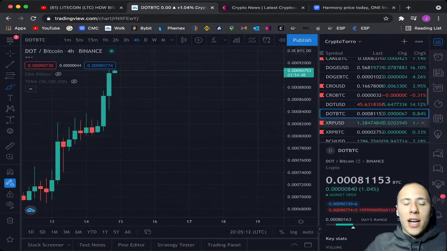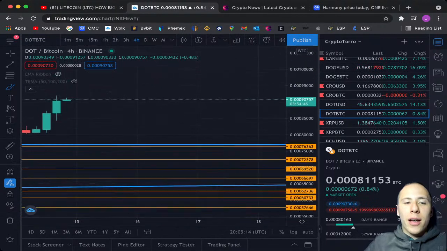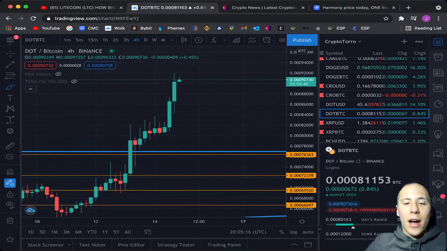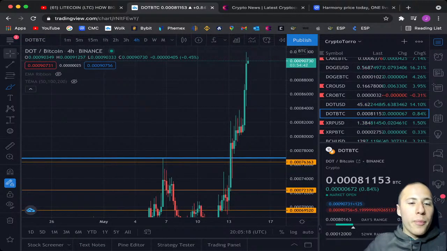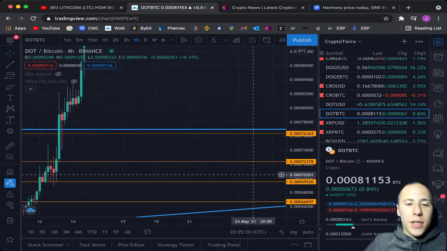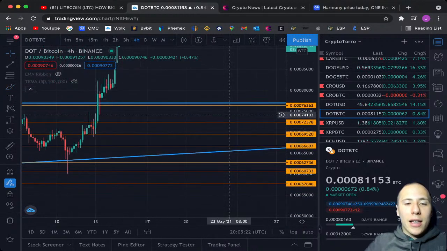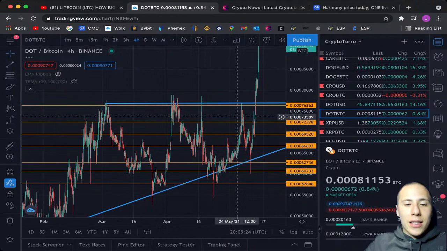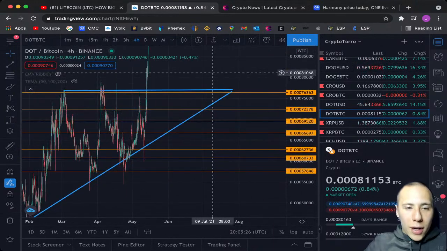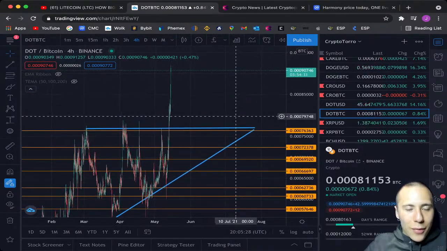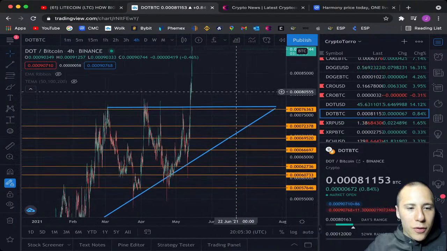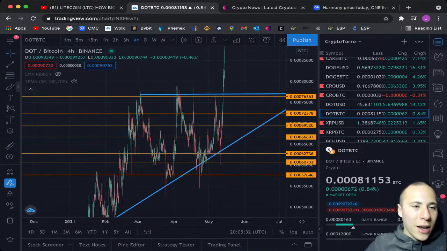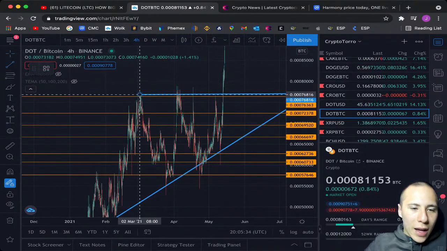Right now, I will be switching over to the Polkadot compared to Bitcoin chart, where a huge move is playing itself out. And if you saw my Polkadot videos on the YouTube channel, you would see that I spotted this ascending triangle on the Polkadot chart, and what we are seeing currently is the huge move of this triangle.